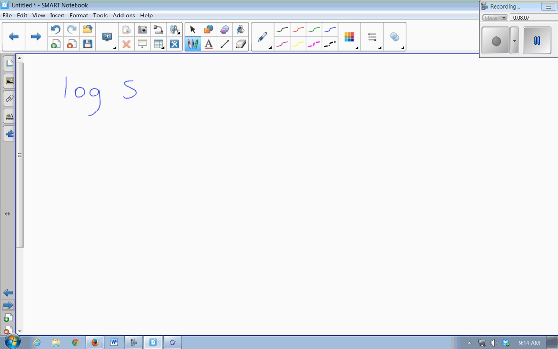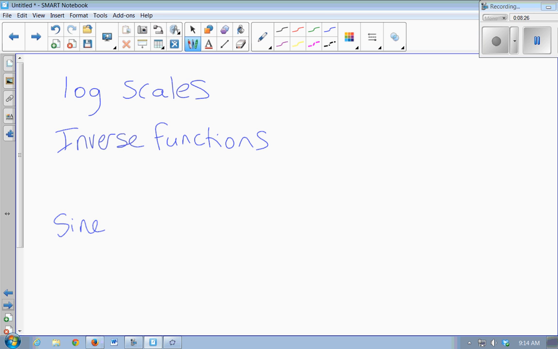Yes, log scales. Those are kind of cool. What else? We went a little more in depth with inverse functions. Yep, inverse functions was an important concept. We did a little bit of intro to trig, sine and cosine, with right triangles, radians, and the unit circle.